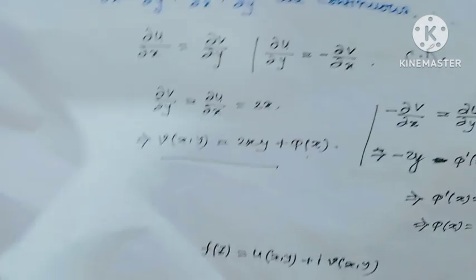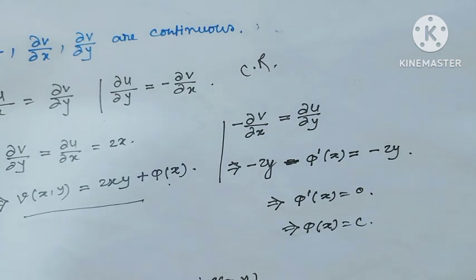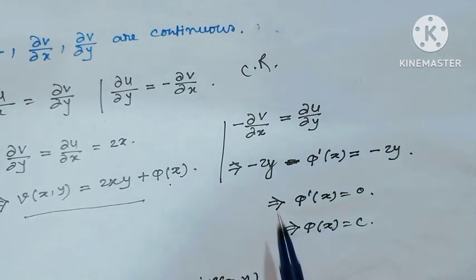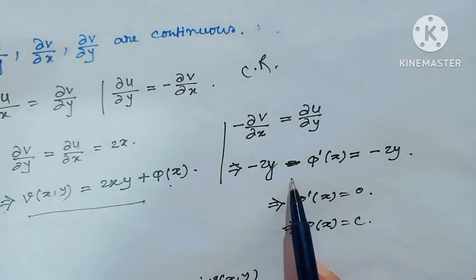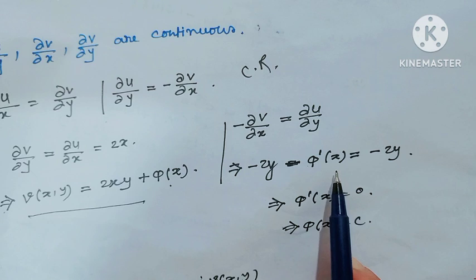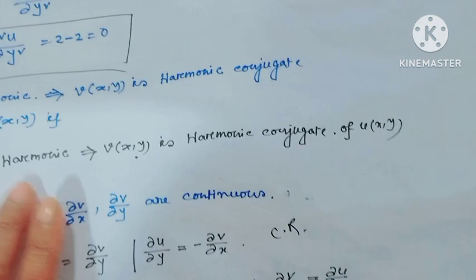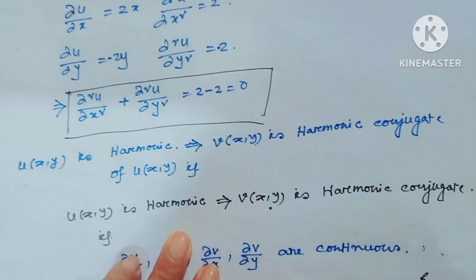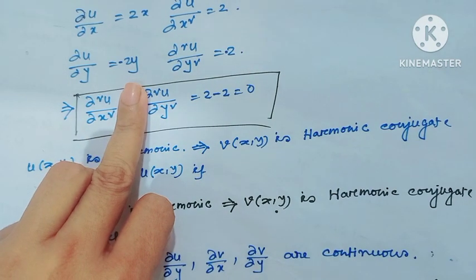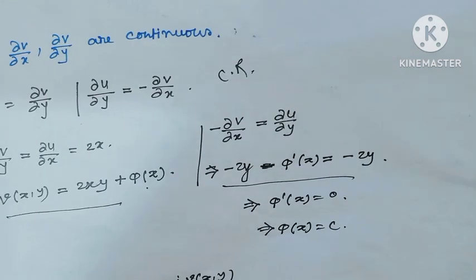And by the CR equation, minus del v del x equal to del u del y. Minus del v del x means minus 2y minus phi prime(x) equal to del u del y, which is minus 2y.